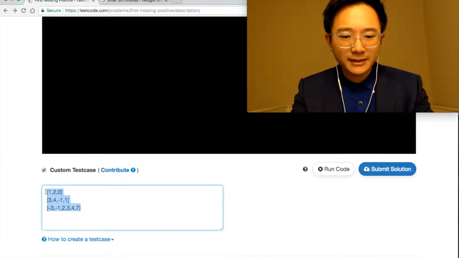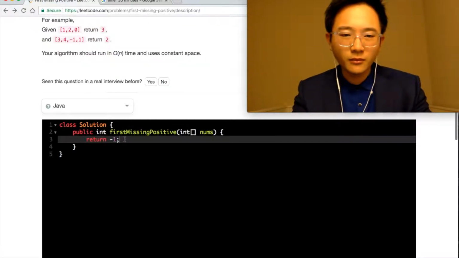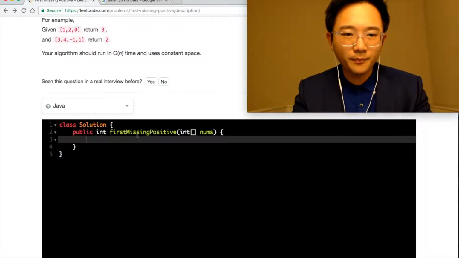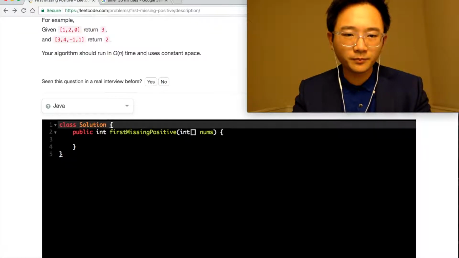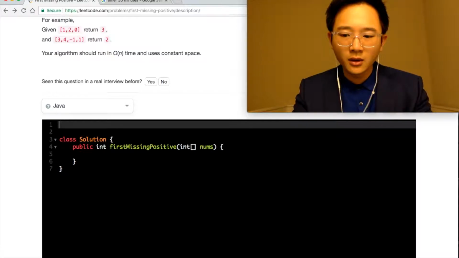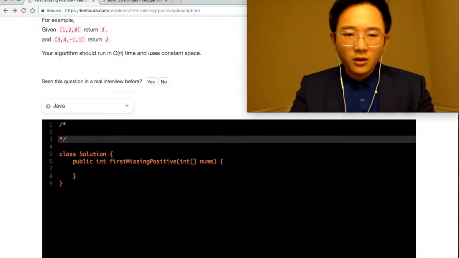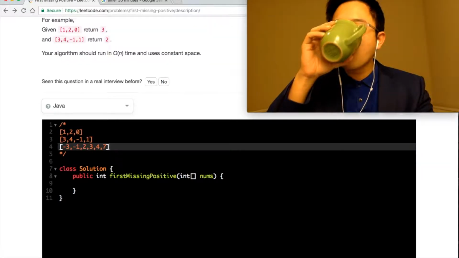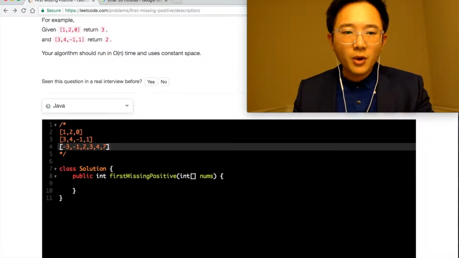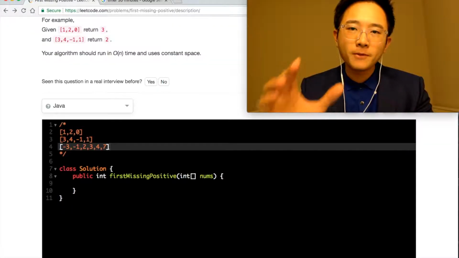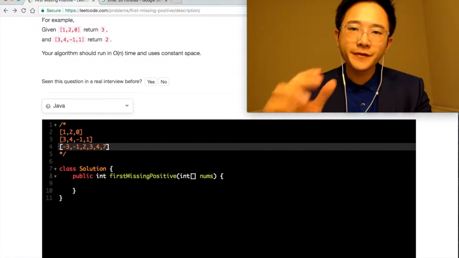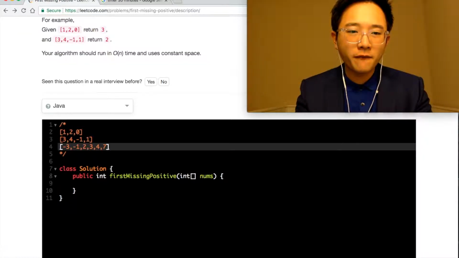Let me copy and paste this. We want the first positive missing integer.